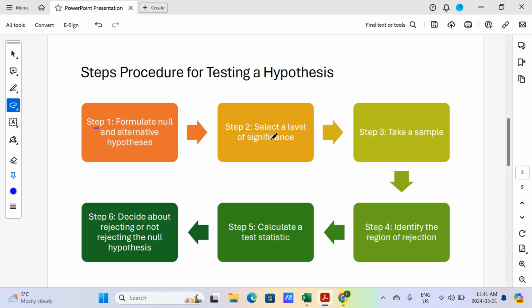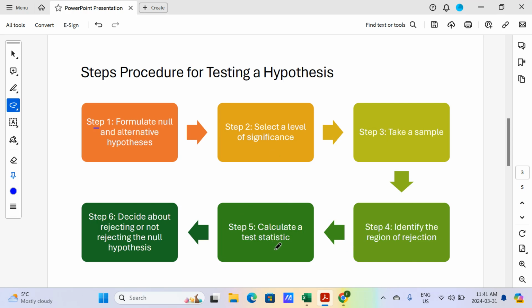Alpha is the probability of making type 1 error, or very simply, the area of the rejection regions. In step 3, I need a sample. In step 4, I need to identify the rejection region clearly. And in step 5, I need to calculate a test statistic.